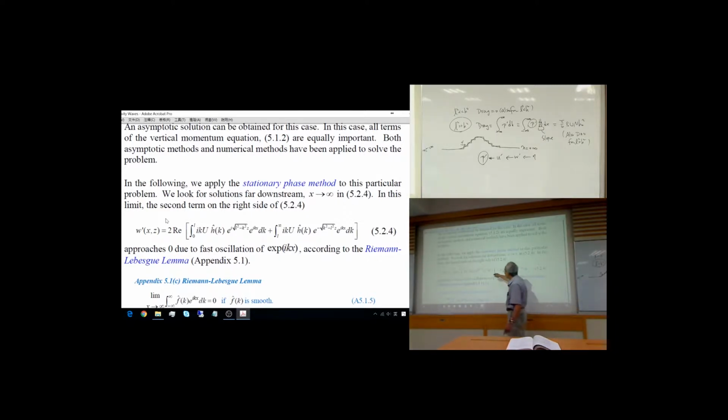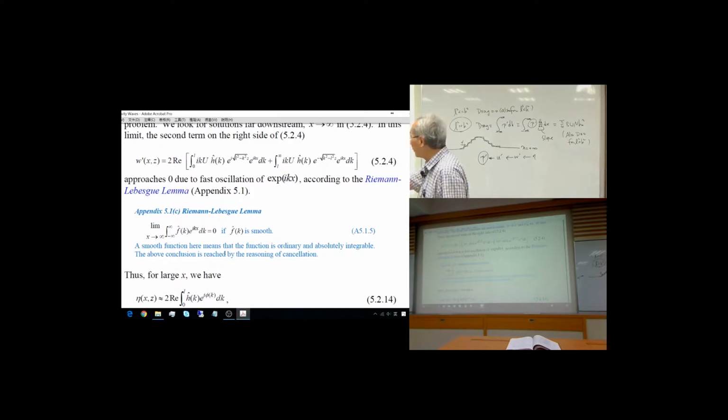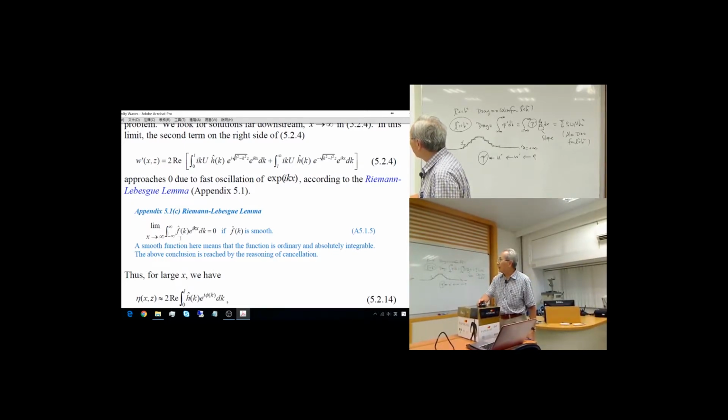So this whole term becomes 0. Why? Because this becomes very small, and then e to the ikx oscillates fast, so it approaches 0. The Riemann-Lebesgue lemma, I have a quote here: when you have a function which is smooth, that means it's ordinary and absolutely integrable, called a smooth function, then the integration will approach 0.